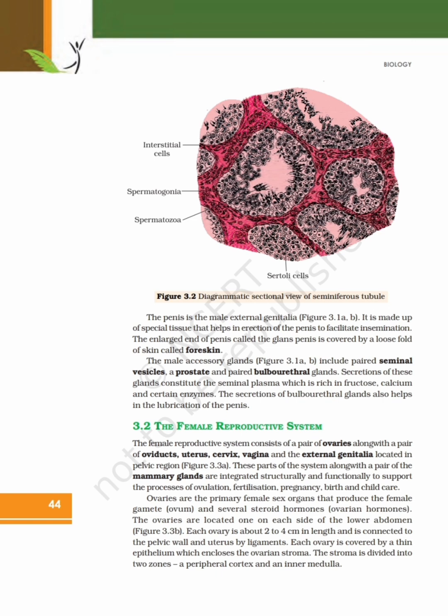The peripheral one is known as cortex and the inner one is known as medulla. Okay, so that was about ovary.